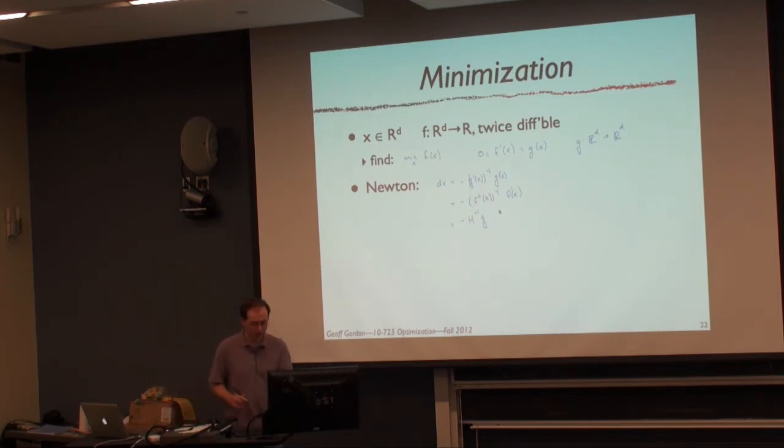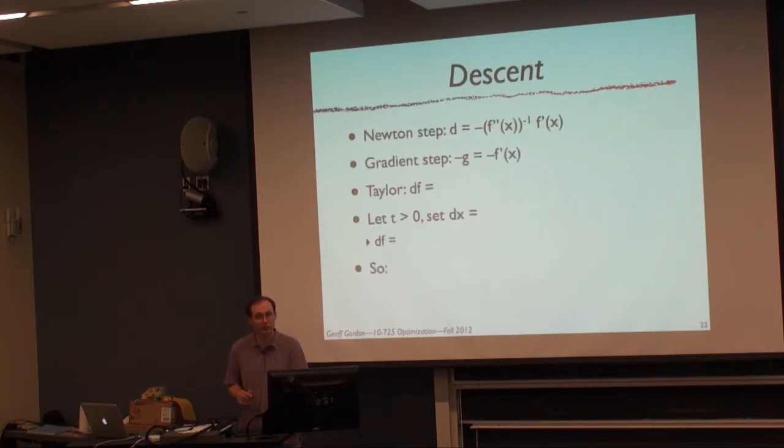But you inherit some actual additional benefits from using Newton's method for a minimization problem, right? So here's the Newton step again. d is minus the Hessian inverse times the gradient. The gradient step is just the negative of the gradient, right? And so if we make a Taylor approximation of f, df is approximately the gradient transpose times dx, right?